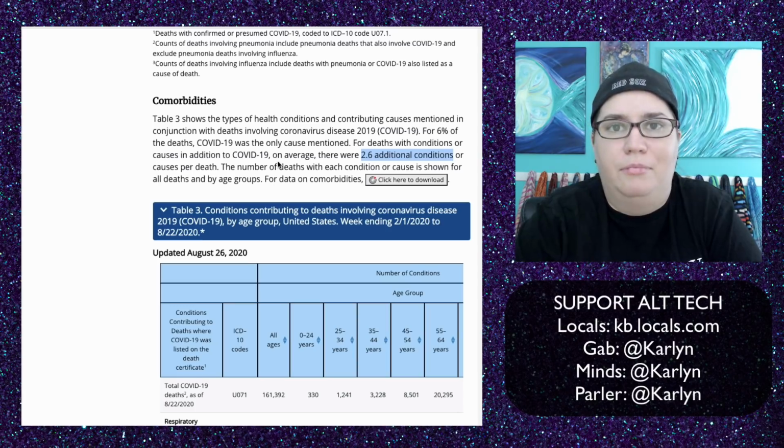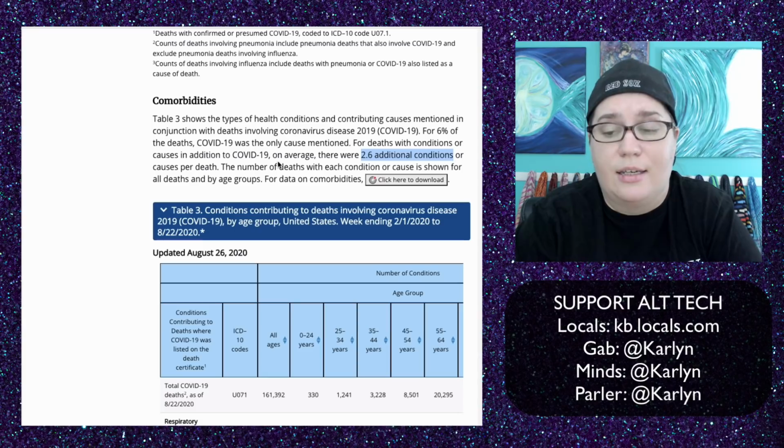94% of people had, on average, 2.6 other existing conditions. And 92% of people were over the age of 54. This didn't need to happen. And this doesn't need to be perpetuated. This is ridiculous. I'm not giving medical advice in this video.